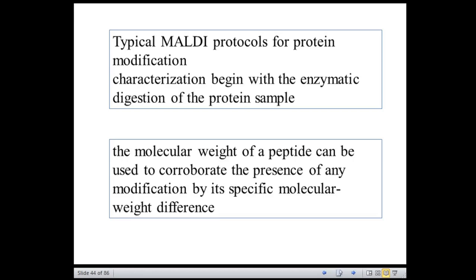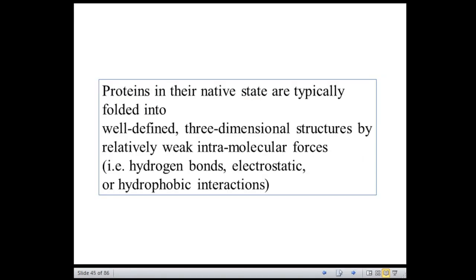Right. So we have seen the primary sequence determination, then the utility of MALDI for characterization of the co-translational or the post-translational modifications. Further, we will see the protein structure elucidation.